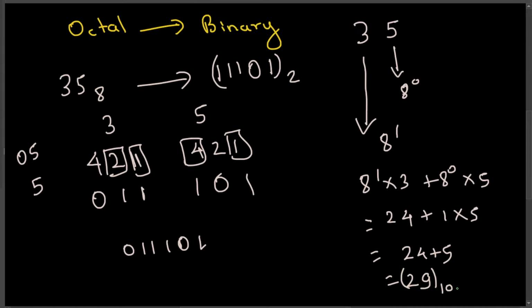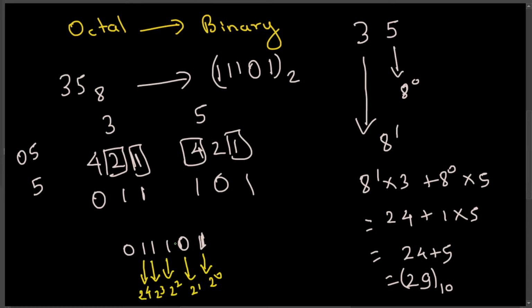Okay, now how can I see if it gives me this value? Again, this is the final answer we got. You convert this one into a decimal as well, and see if you are getting 29. So to convert this one, I use a different color. Okay, this carries the weight of 2 power 0, this carries the weight of 2 power 1, this carries the weight of 2 power 2, this carries the weight of 2 power 3, and then this carries the weight of 2 power 4.